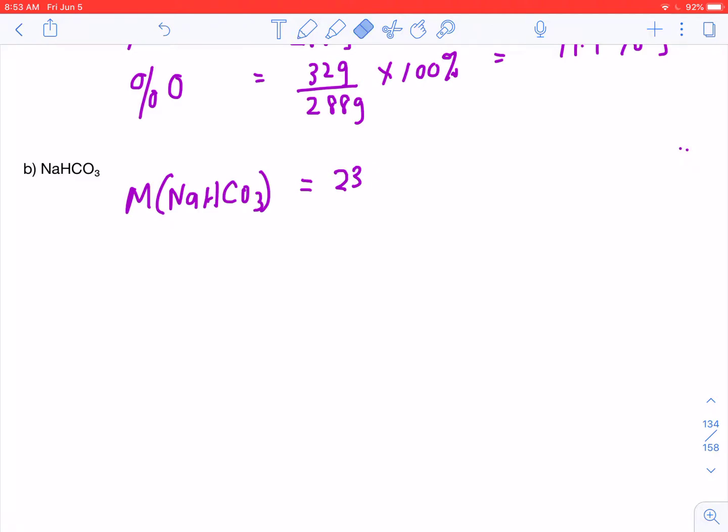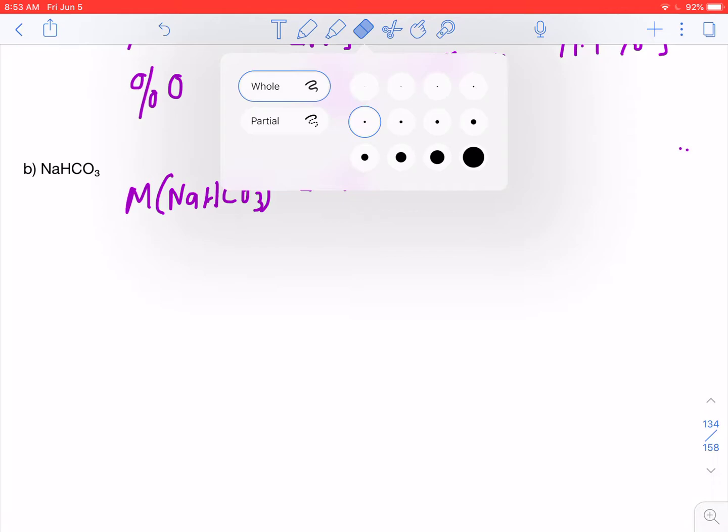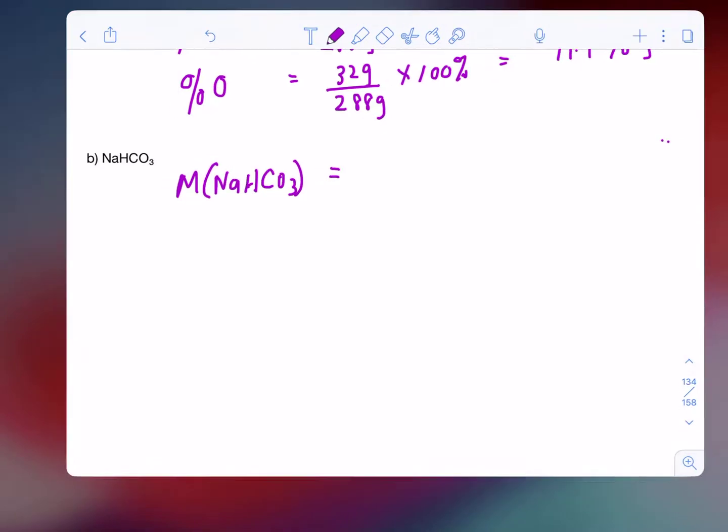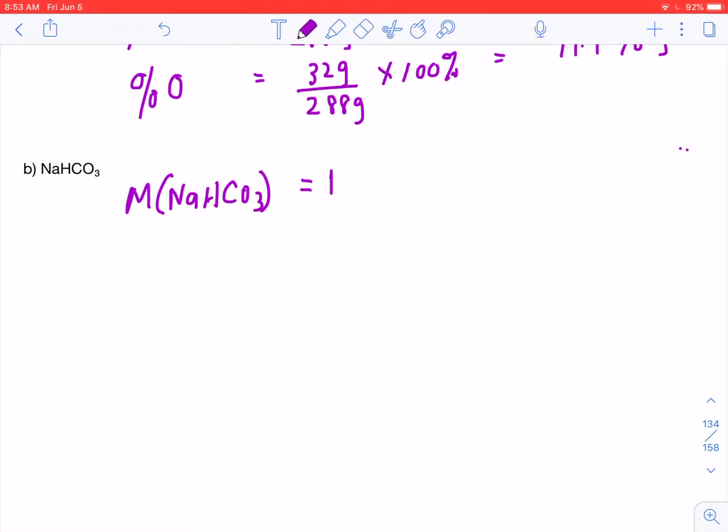Now, let's first maybe do this so you know. We know that this is Na plus 1 H plus 1 carbon plus 3 oxygen. So this is 23, hydrogen is 1 plus carbon is 12 plus 3 times oxygen is 16.